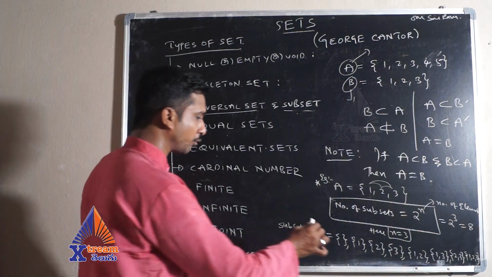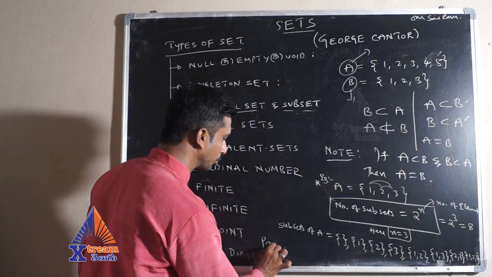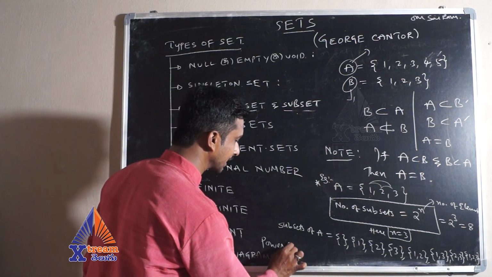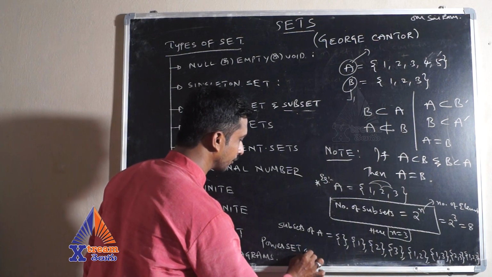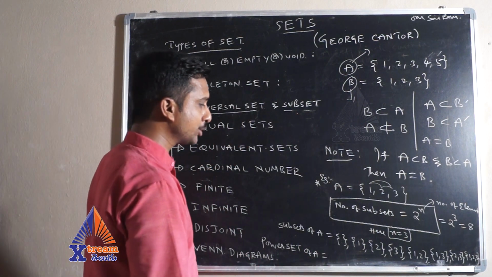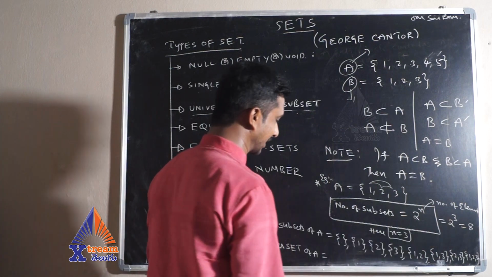If I ask you to find the power set, one more is there here: the power set of A. The power set of A is nothing but I need to rewrite all these elements.